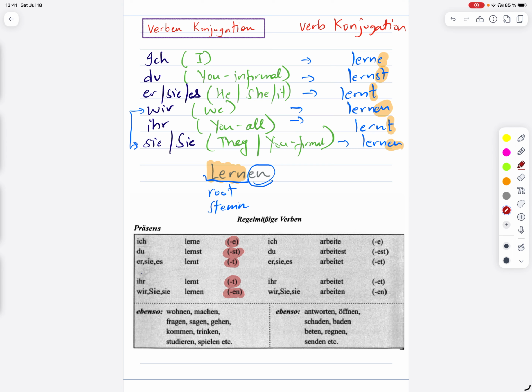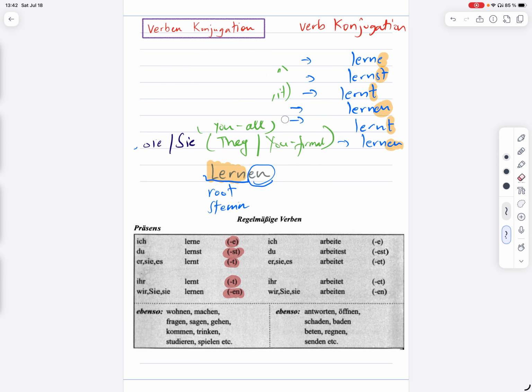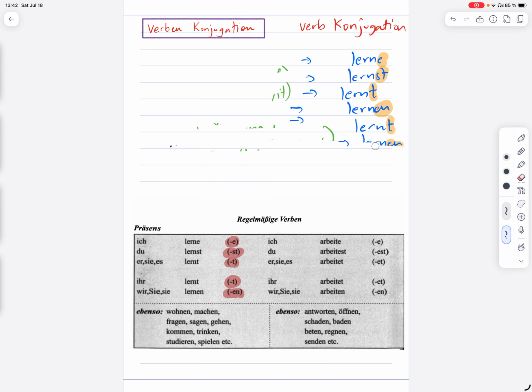So this is the ending. Let's look at other examples. We can look at more examples and see how these endings can be added to the stem form of the verb. So here we did the case of lernen.